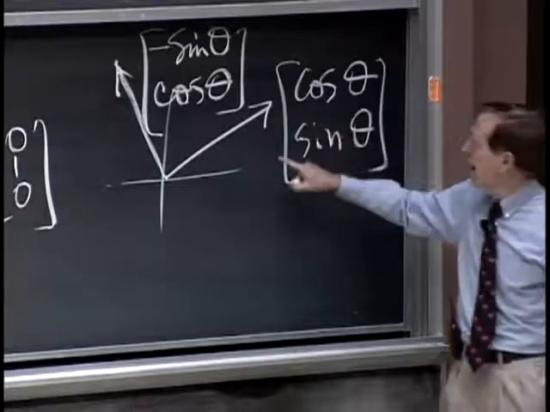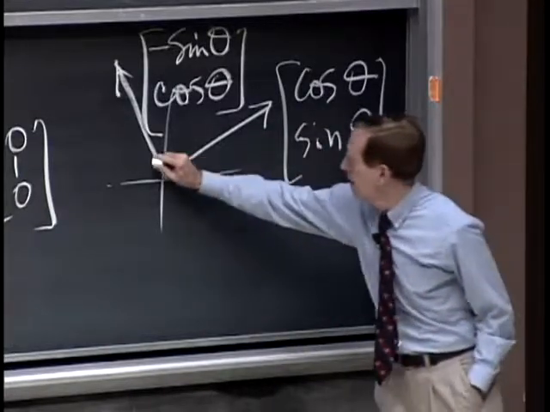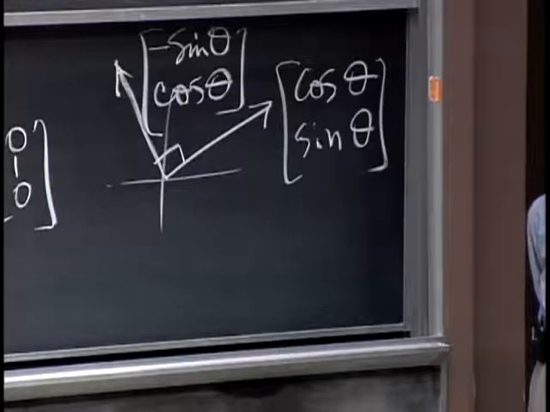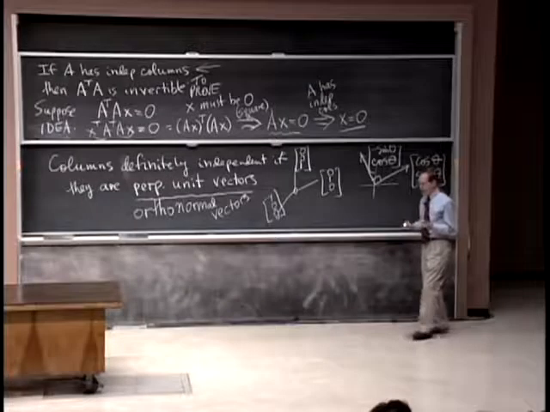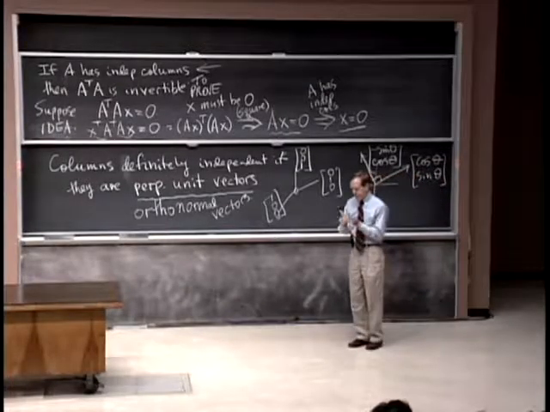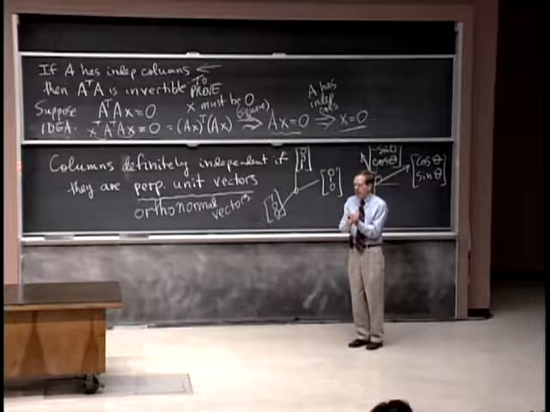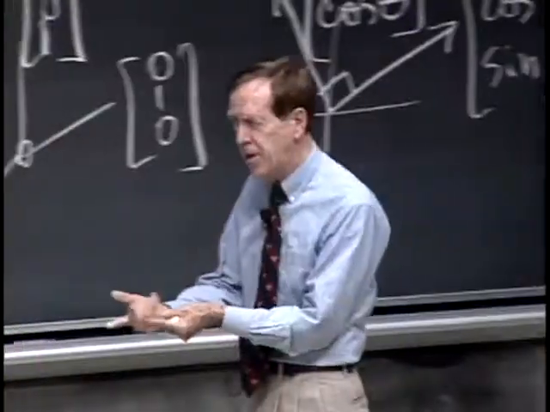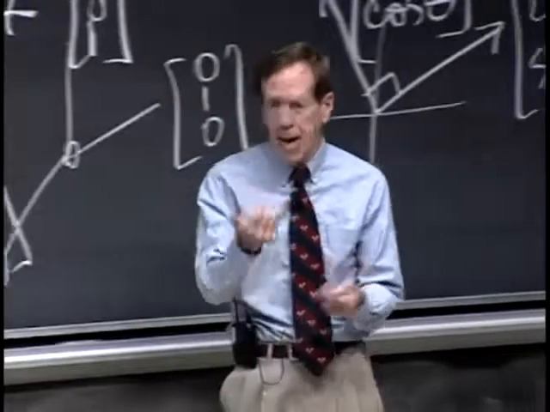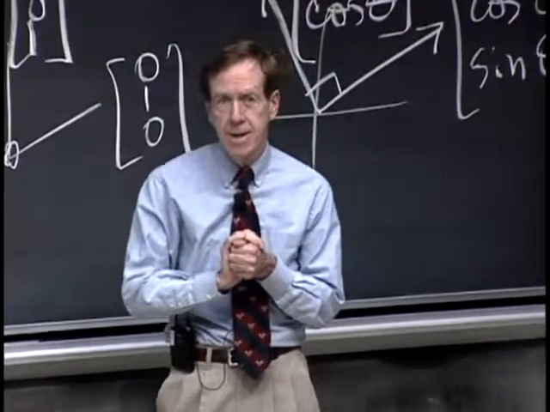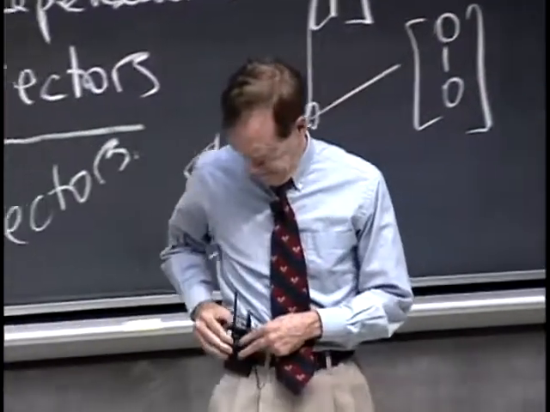They're both unit vectors, and they're perpendicular. That angle is 90 degrees. So our job next time is first to see why orthonormal vectors are great, and then to make vectors orthonormal by picking the right basis. Okay, see ya. Thanks.